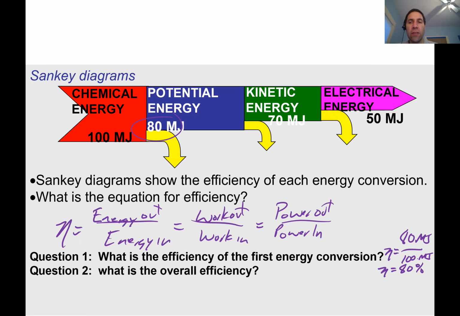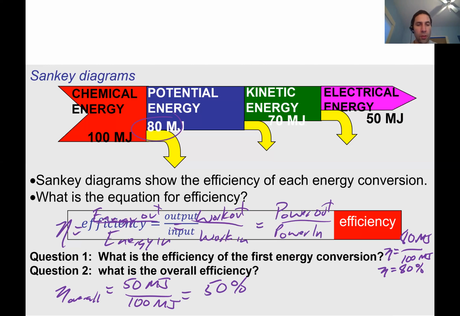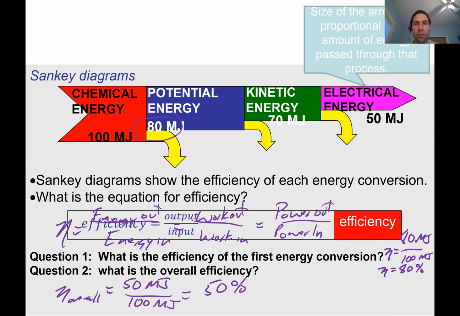Overall means comparing the very end to the very beginning. So efficiency overall would be the 50 megajoules at the very end of the process coming out, divided by the 100 megajoules you started with, and you would get 50%. Yes, efficiency is output over input.